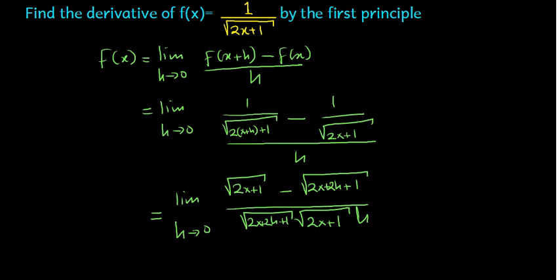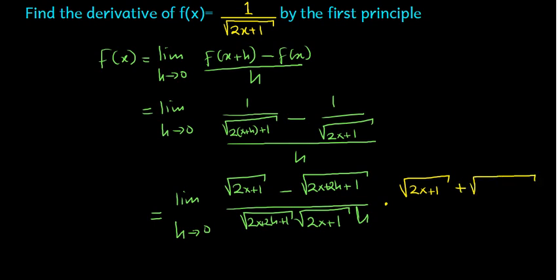Okay, now at this point what we are going to do is, if we substitute directly where there is h, we put 0. That is going to be undefined because we don't want 0 in the denominator, so we are going to conjugate. So on top and down, we're going to multiply by the conjugate of the thing which is on top. So on top, what do we have? The square root of 2x + 1. Just change the sign, it becomes plus.